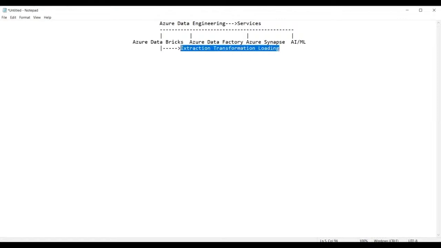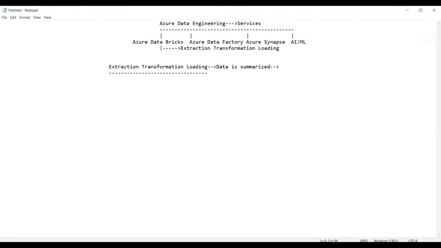Guys, this extraction, transformation, and loading, what is it? Let us try to understand this first. It is a process where the data is summarized, and this summarized data is used for decision making.